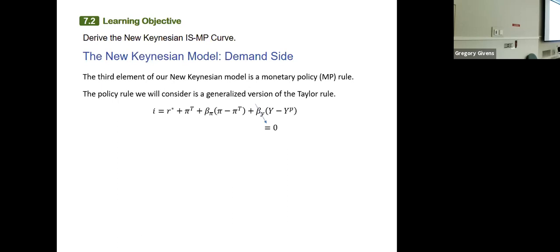It complicates the analysis, but none of the basic results differ. So to make this as straightforward as possible, I'm just going to set beta y equal to 0, okay? Now, the other difference you might see here is that instead of actual inflation, like the Taylor rule had, we've got target inflation here, all right?